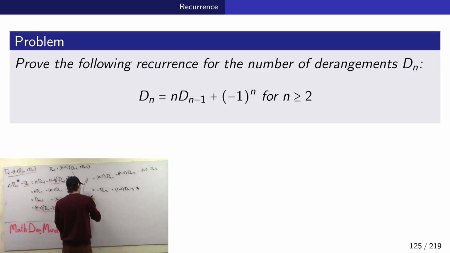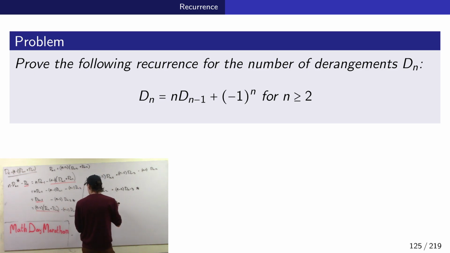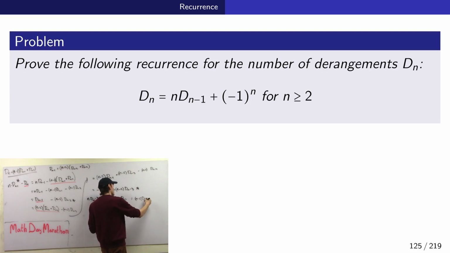So we should have n times d sub n minus 1 minus d sub n equals this next piece, which I'm going to write as negative n minus 1 d sub n minus 2 plus d sub n minus 1 equals n minus 2 d sub n minus 3 minus d sub n minus 2.